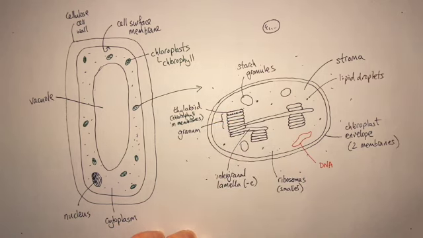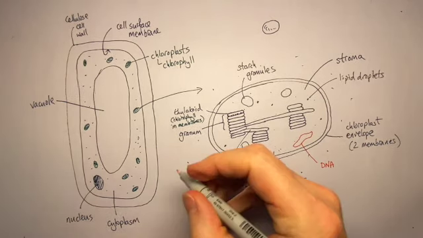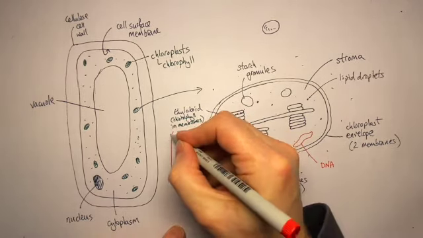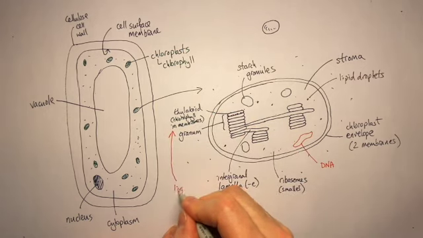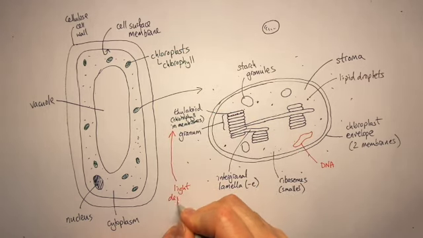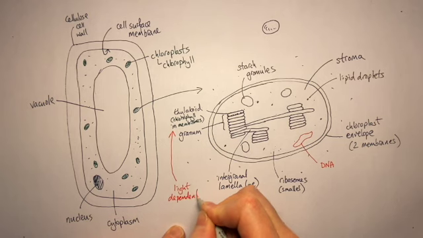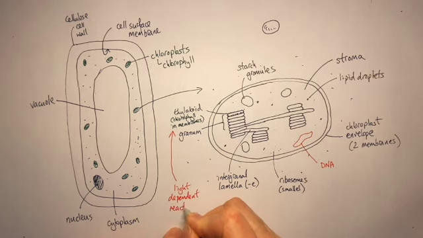Okay, and this is where the light dependent stage or reactions take place in the thylakoid membrane.